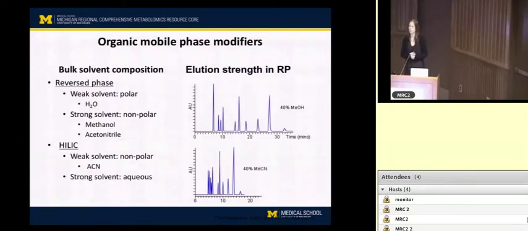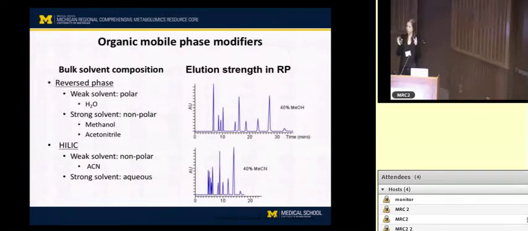Going back to reverse phase, I mentioned briefly that you can modify selectivity and efficiency of a chromatographic separation by switching out one organic modifier for another. So as a reminder, in reverse phase, we have a nonpolar stationary phase, and therefore the stronger eluting solvent is also nonpolar.